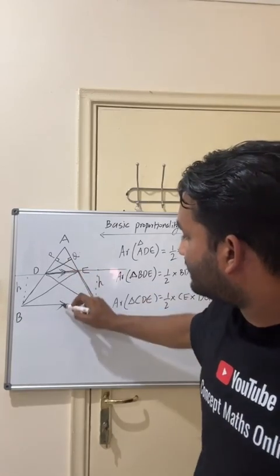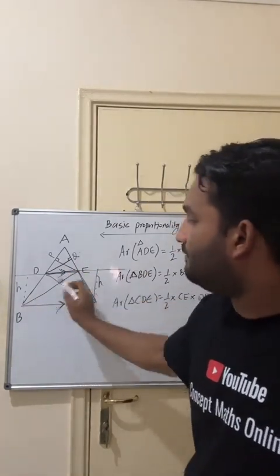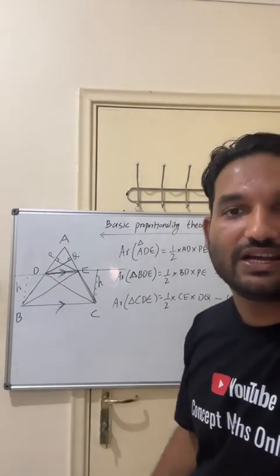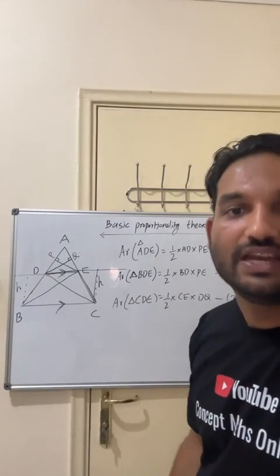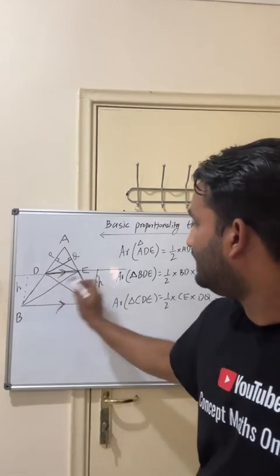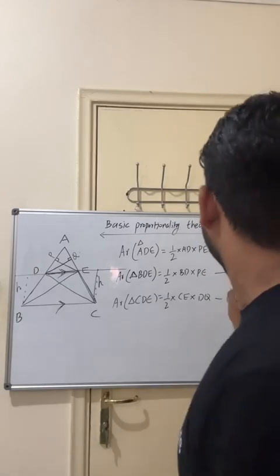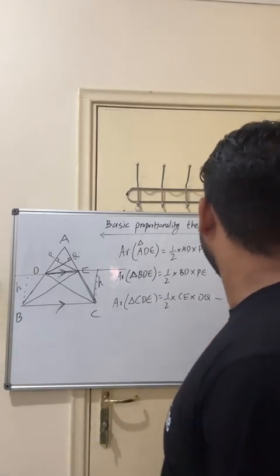these two are parallel lines, okay? So the height for triangle BDE and triangle CDE will remain the same, okay? When the height and bases remain the same, the areas will be equal. So area of triangle BDE equals area of triangle CDE, okay? So equation 2 you can equate.